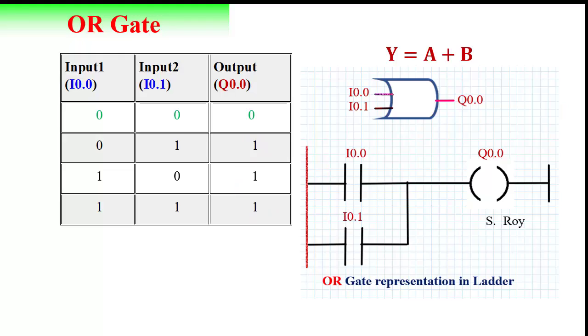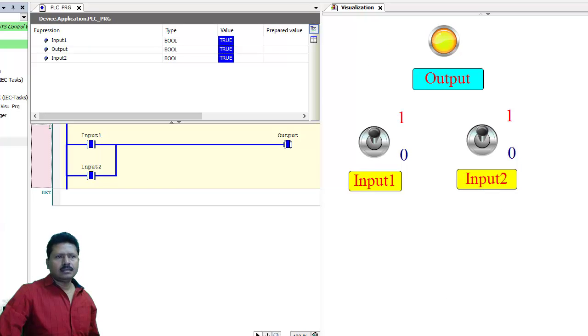Now say, here output will be logic 0 only when both the inputs are logic 0. In all other cases, output will be logic 1. See, input 1 is logic 1, input 2 is logic 1, we are getting output as logic 1.